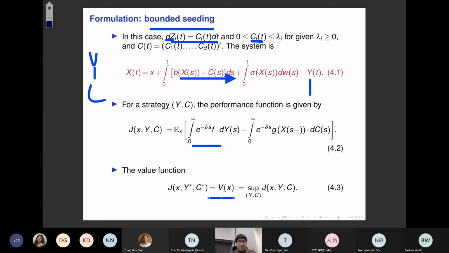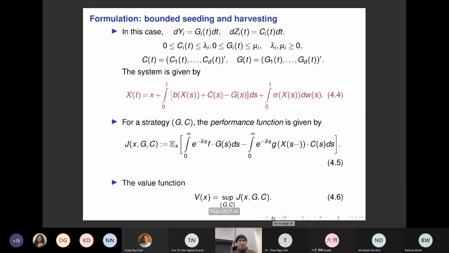This is about the seeding, and we can also consider the bounded seeding and harvesting. That means we suppose the harvesting rate and the seeding rate are bounded by, say, lambda_i and mu_i respectively. So in 4.4, we no longer have a singular control.